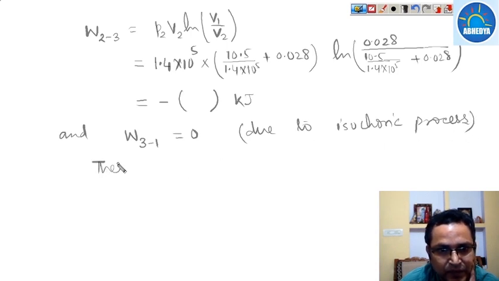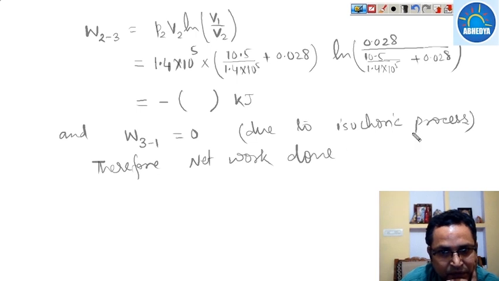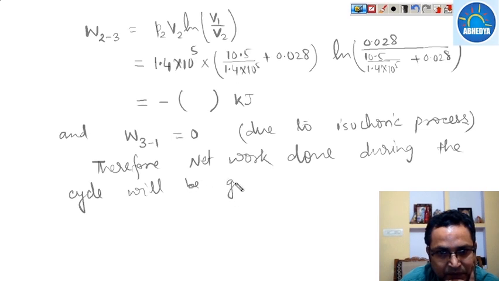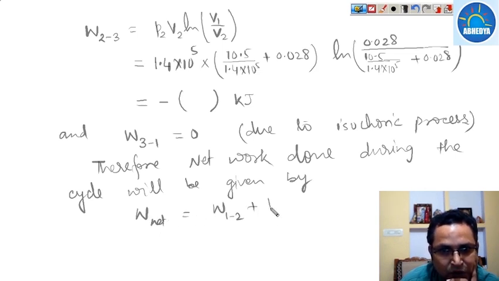Therefore the net work done during the cycle will be given by W net, and this is nothing but W1 to 2 plus W2 to 3 plus W3 to 1.